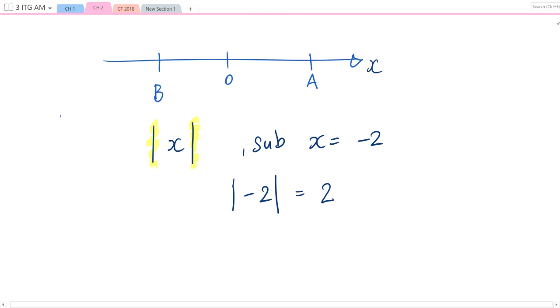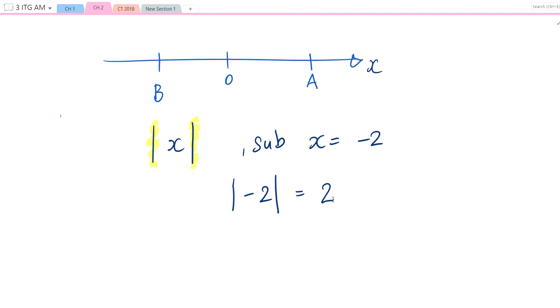Okay, so this modulus sign changes a negative value into a positive value. What remains is only the magnitude or the size. So if you want an example, in physics, we are actually converting displacement to distance.